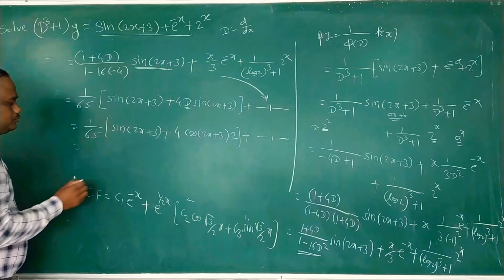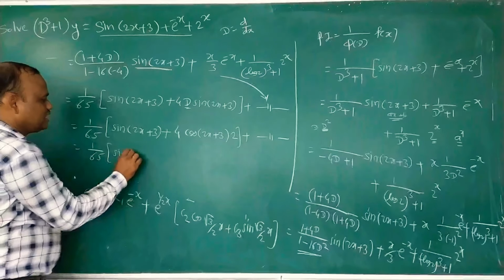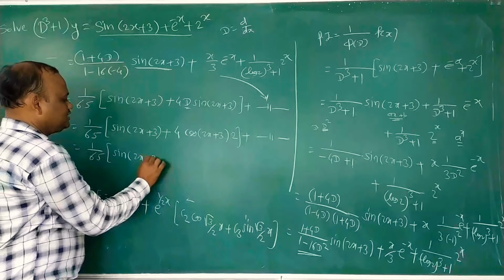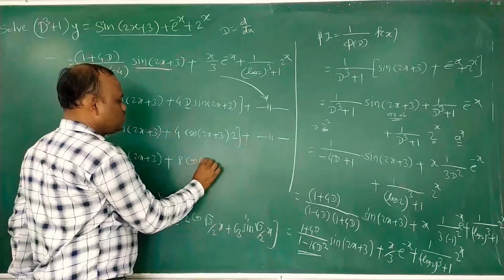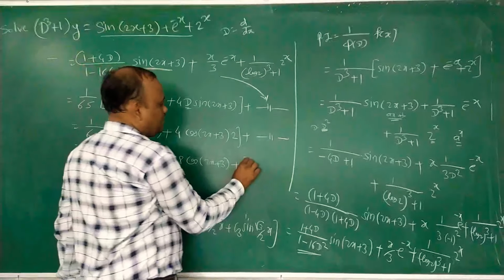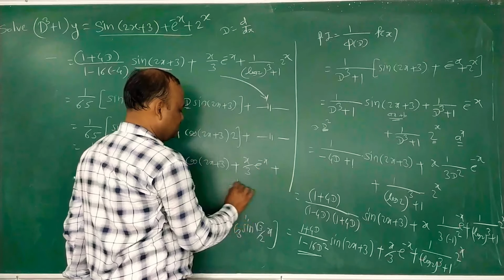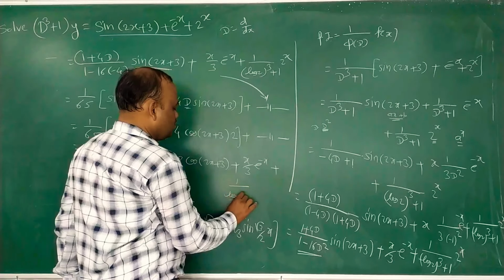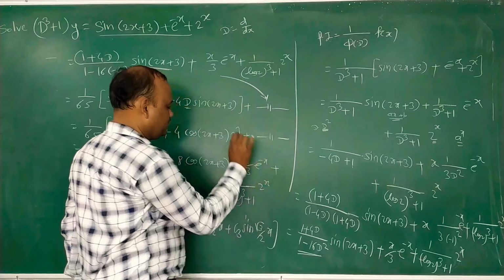So it is equal to 1 upon 65 into sine of 2x plus 3 plus 4 into 2 is 8 into cos of 2x plus 3, plus x by 3 into e to the power minus x, and plus 1 upon log 2 cube plus 1 into 2 to the power x.